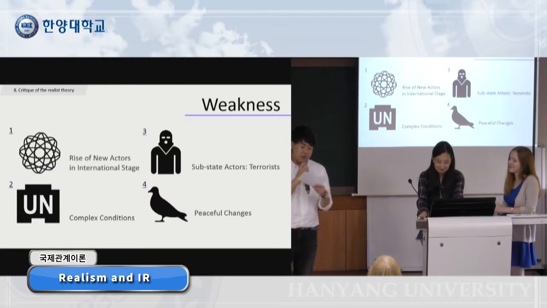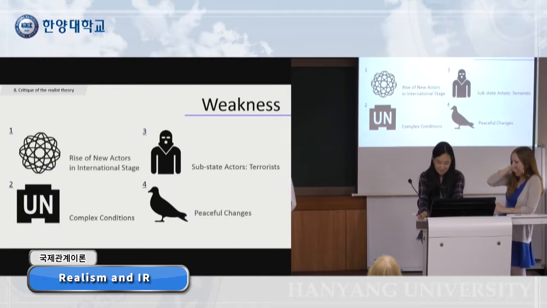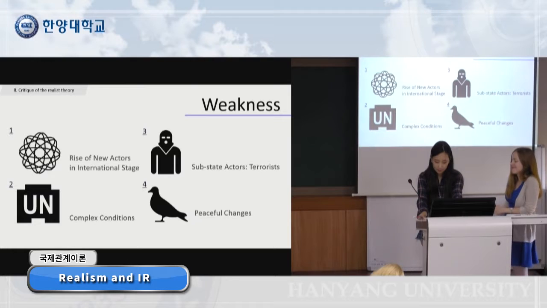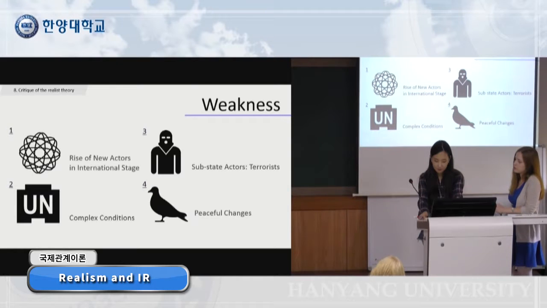Another problem of realist theories is the increasing relevance of sub-state actors such as terrorists. Unlike the assertion of realists that states are the primary actors in the international arena and that all the other actors are less important, events such as 9/11 depict the significant security threat posed by non-state actors.